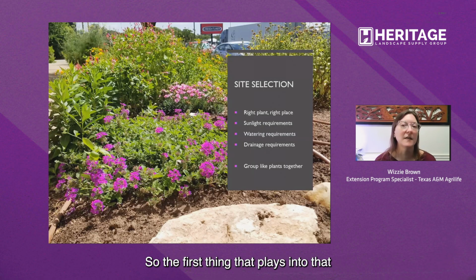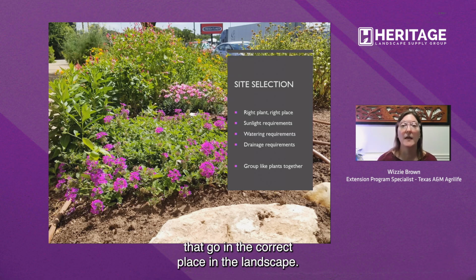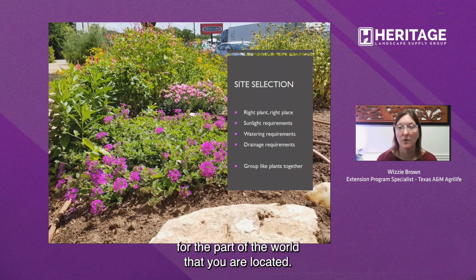So the first thing that plays into that is going to be site selection. We need to make sure that we are planting plants that go in the correct place in the landscape. That could mean having full sun plants in full sun areas, shade plants in shade areas, but also utilizing native and adapted plants for the part of the world that you are located.